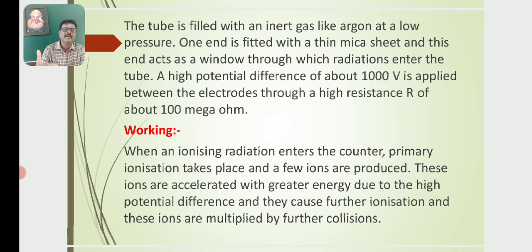When an ionizing radiation, say alpha, beta or gamma radiation, enters the counter, there must be a collision between gas molecules and the particles in the radiation, which produces primary ionization.